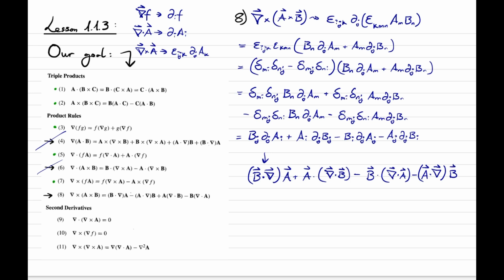We are going to check if this is true. We have b dot nabla a minus a dot nabla b, minus a dot nabla b, a divergence of b, a divergence of b, minus b divergence of a, minus b divergence of a.